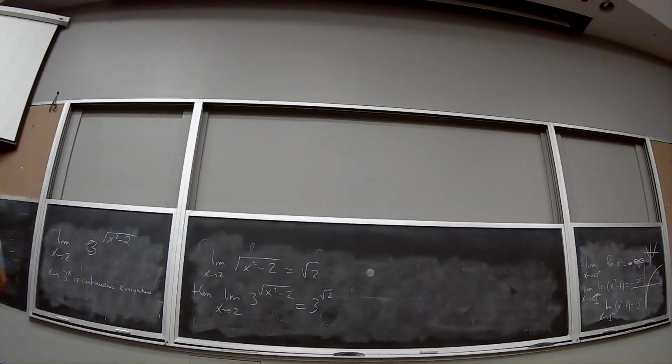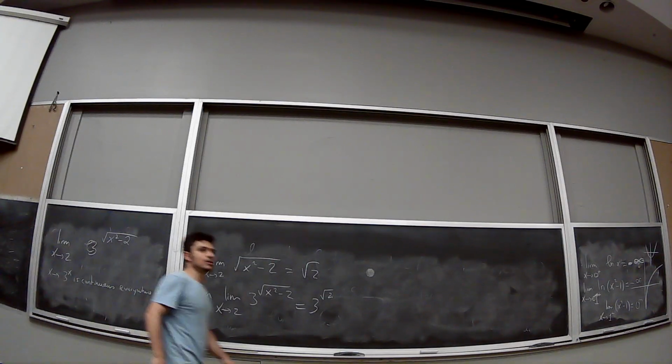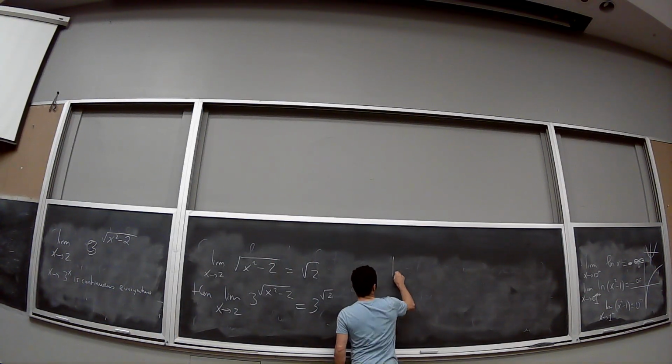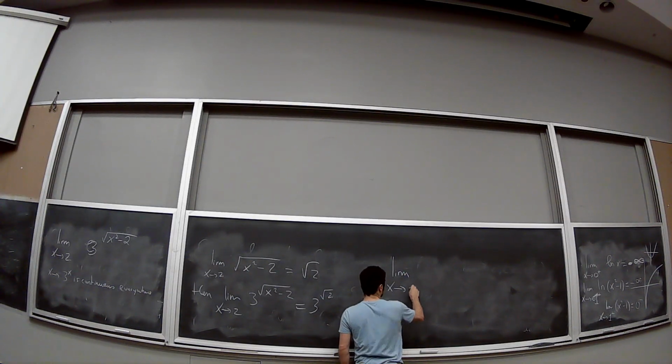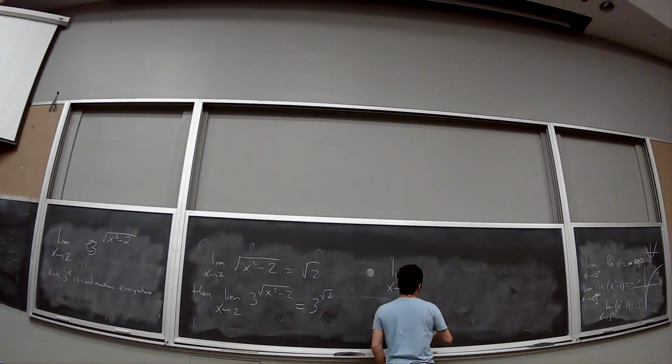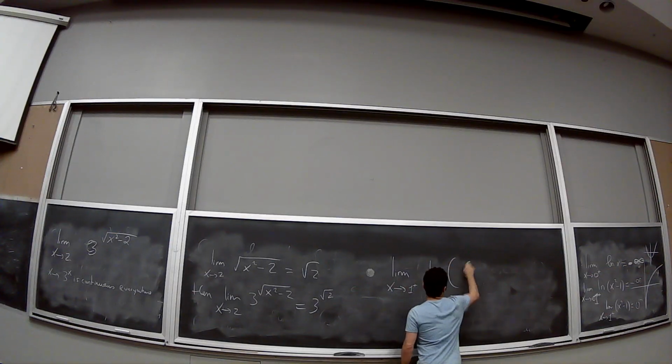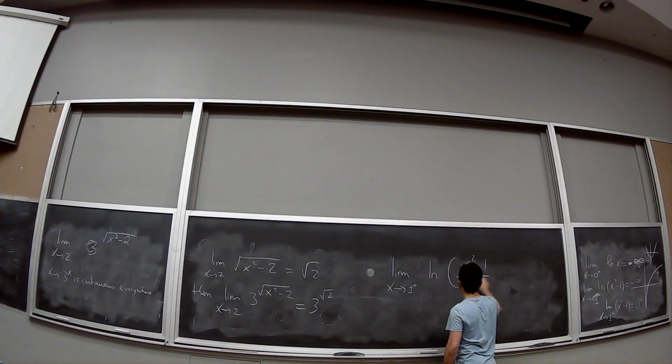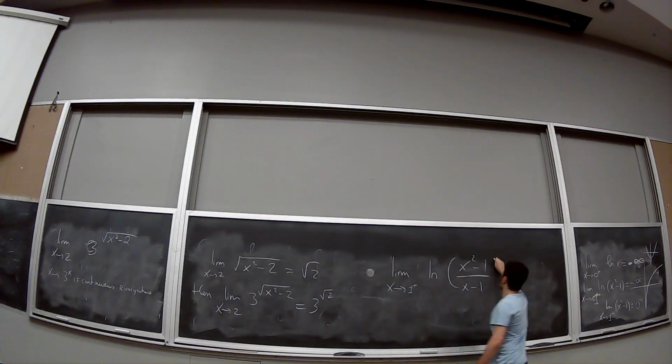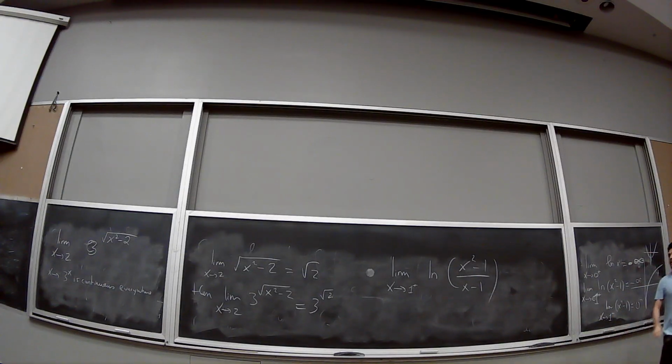Let's do one more. We have like 2 minutes left. Limit. The limit as x approaches 1 plus of ln of x squared minus 1 divided by x minus 1.